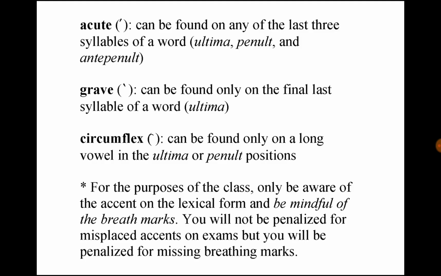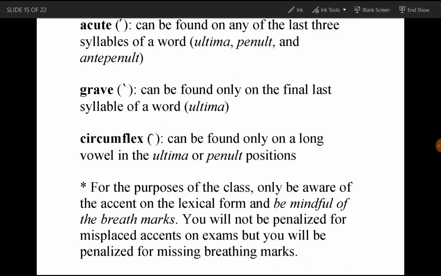There are 3 accents found in Greek. The accent was used to indicate intonation and pronunciation in the classical period. But by the time we reach the Greek in the New Testament period, which is what we call Koine or Common Greek, the function of accents is purely for where the stress is.